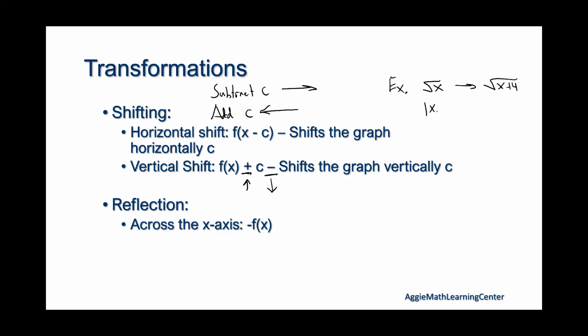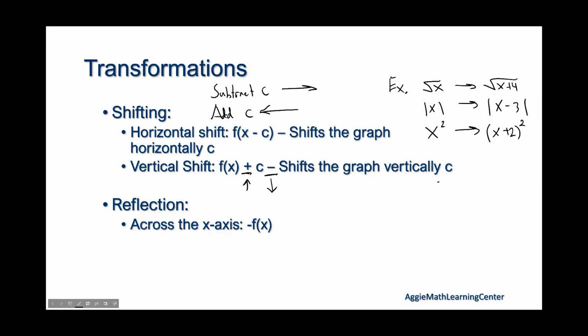If I have the absolute value of x and I want to shift it to the right 3 units, that's going to become, not the square root, but the absolute value of x minus 3. Same with x squared. If we're shifting horizontally, we're going to add or subtract something within what's being squared.